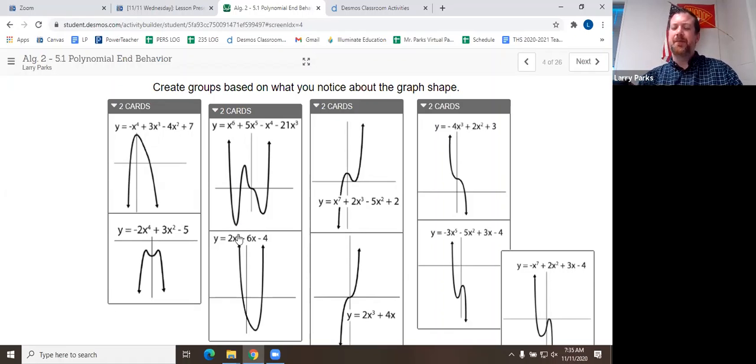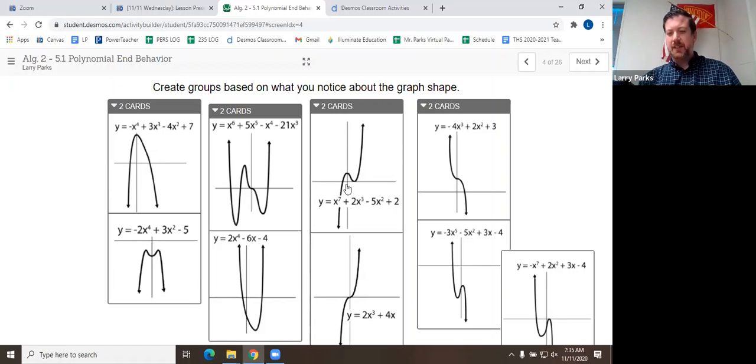So anytime you have a polynomial of even degree, it's going to repeat the same thing on left and the right side. Now, when you have a polynomial of odd degree, 7, 3, 5, 7, whatever happens on the left is going to be the opposite on the right. So notice that these all go in different directions. You have one going down, one going up.